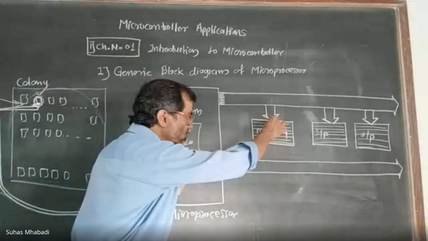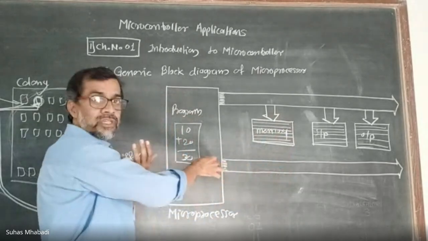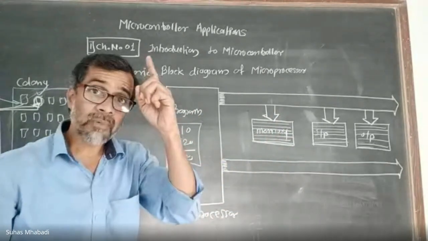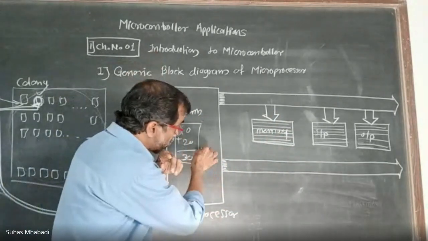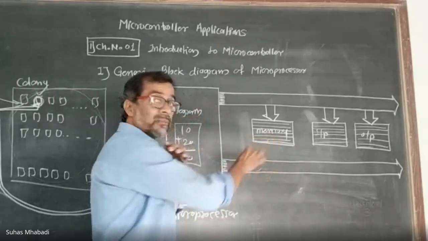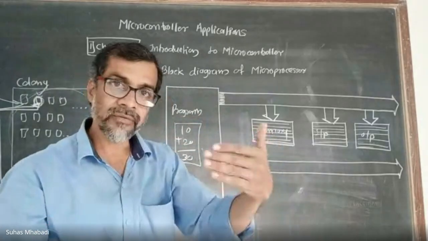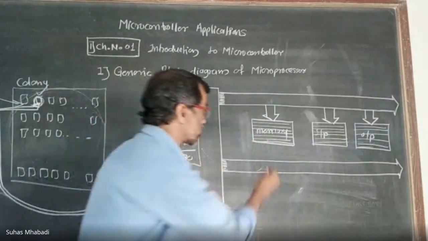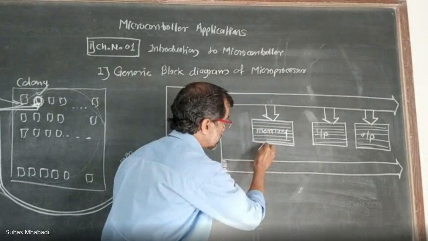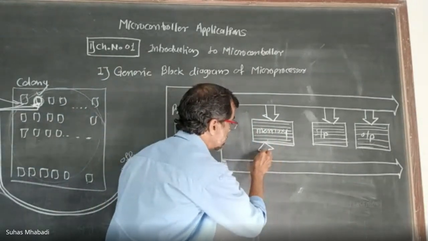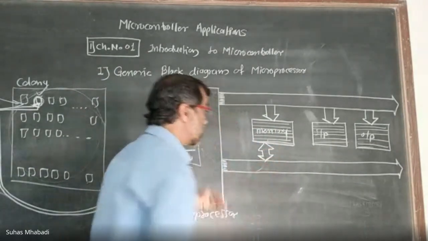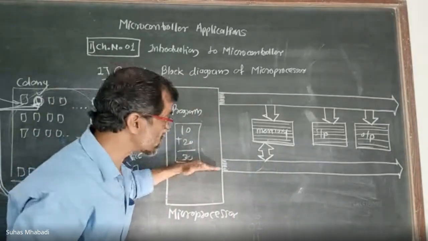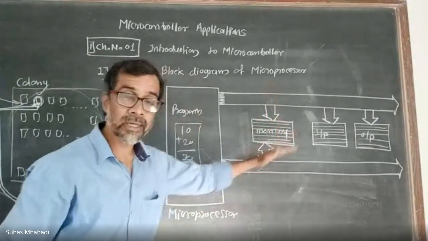Data will flow from memory and come to the processor, and a result will go from the processor. We can store it in memory. So for memory, we have two-way communication. We draw it like this: an arrow in both directions. Data can flow from the processor to memory or from memory back to the processor.